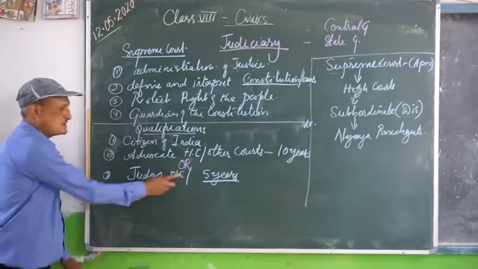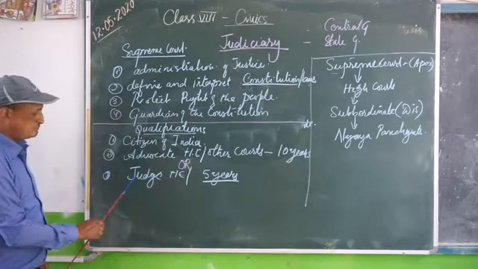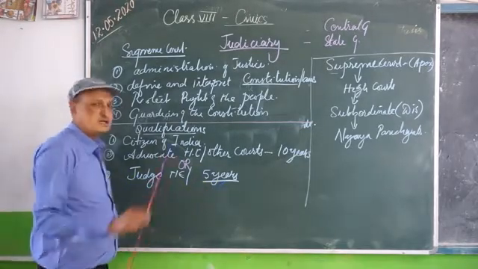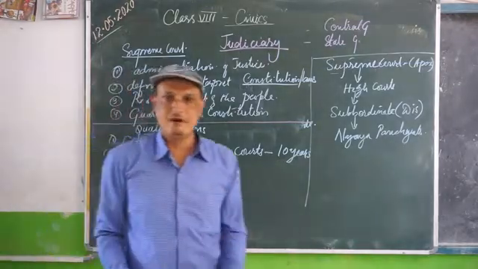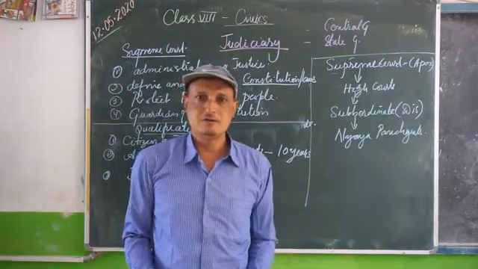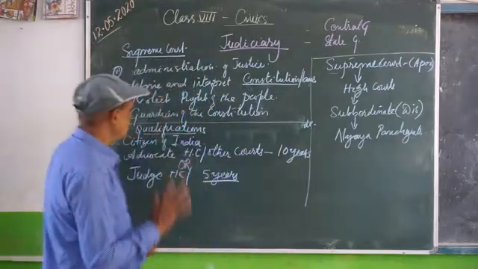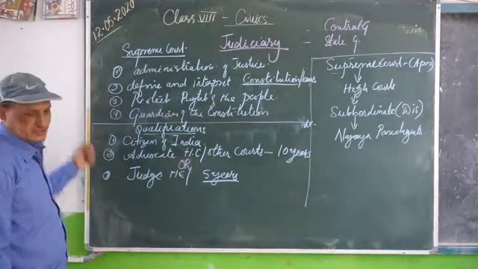If a person has functioned as a judge of a high court for 5 years, then he or she is qualified to become a judge or the Chief Justice of the Supreme Court. Now, we go to the next part.